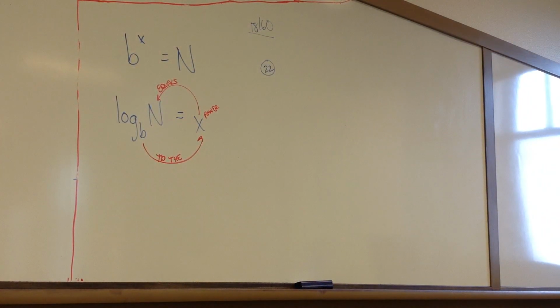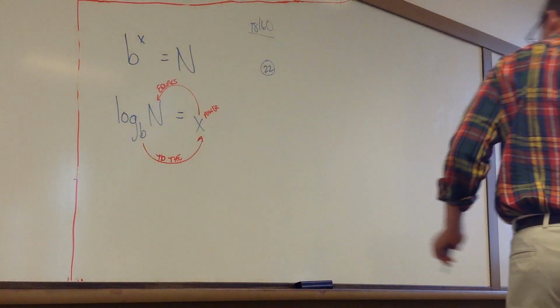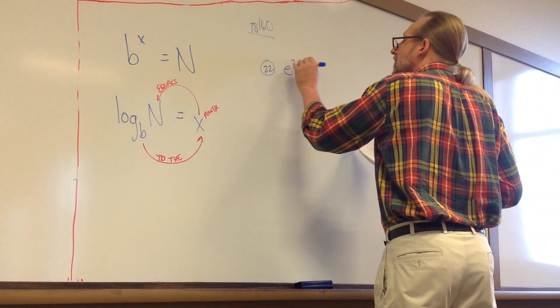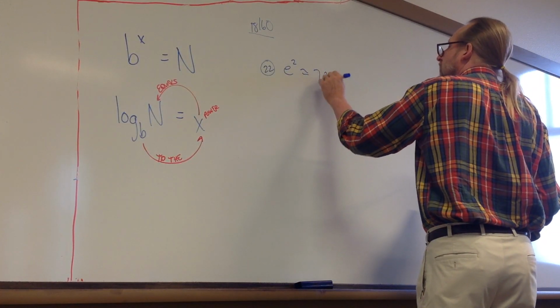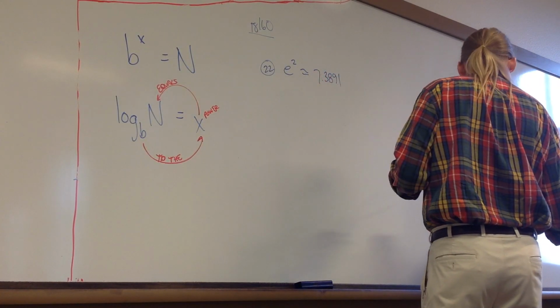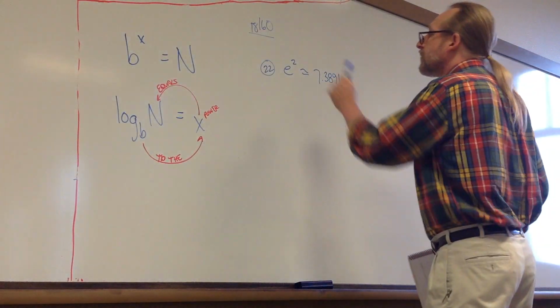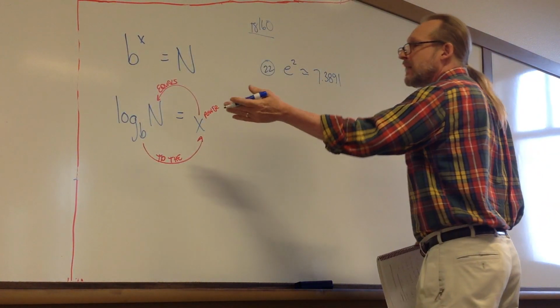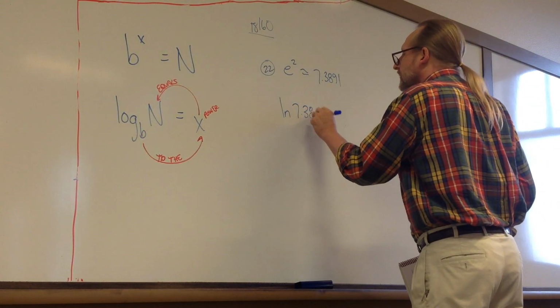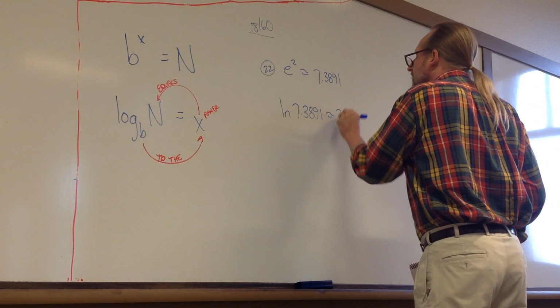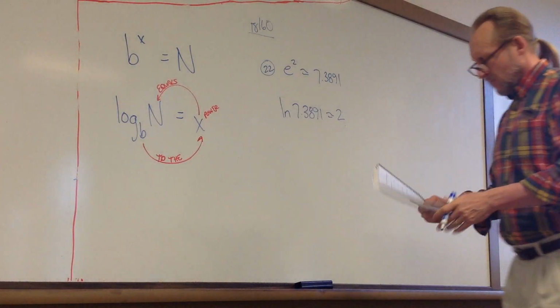Problem 22 says e squared is going to be about 7.3891. And so if we wanted to write this, instead of writing log base e, we write ln. 7.3891 is going to be about 2.